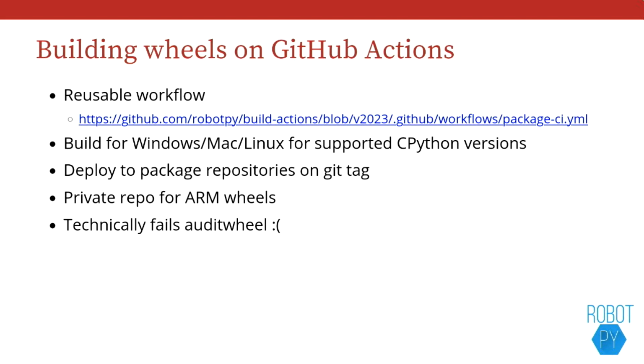And we also build a bunch of ARM wheels as well, and we have a private repo for those. This is because the main controller that's used in FRC is a bit of an unusual Linux ARM platform.